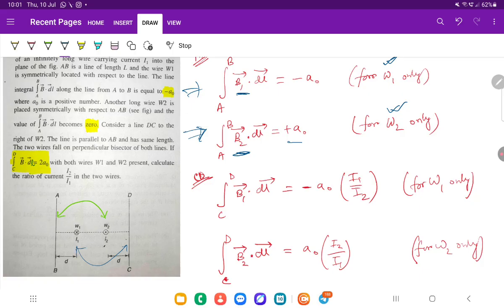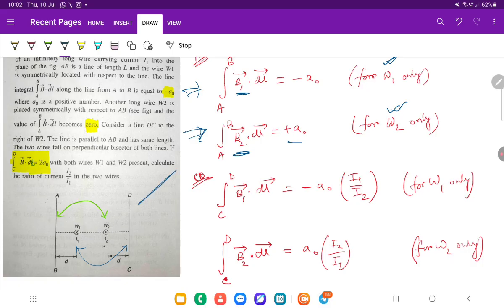Don't you think these two are almost similar situations? Maybe you are wondering about the directions of the dot product, because that will also matter, some sign may change. But if you neglect the directions for some time, from a scalar point of view, don't these two things look similar?